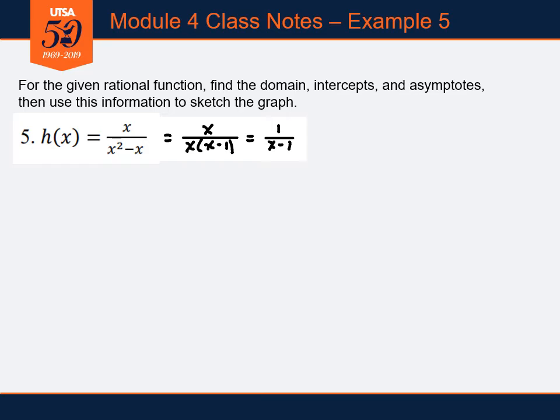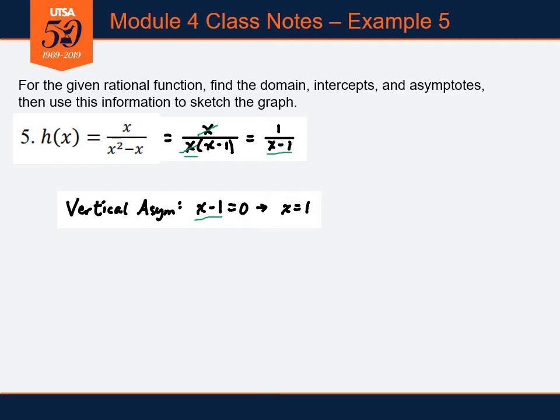From intercepts to asymptotes. We can find asymptotes by setting that denominator equal to 0, as we've done before: x minus 1 equals 0, and we get x equals 1. Note that we're not taking the x factor and setting it equal to 0 for a vertical asymptote. Because the x factors canceled and I was only left with an x minus 1 factor in the denominator, it's just that x minus 1 factor that comes into play for my vertical asymptotes.